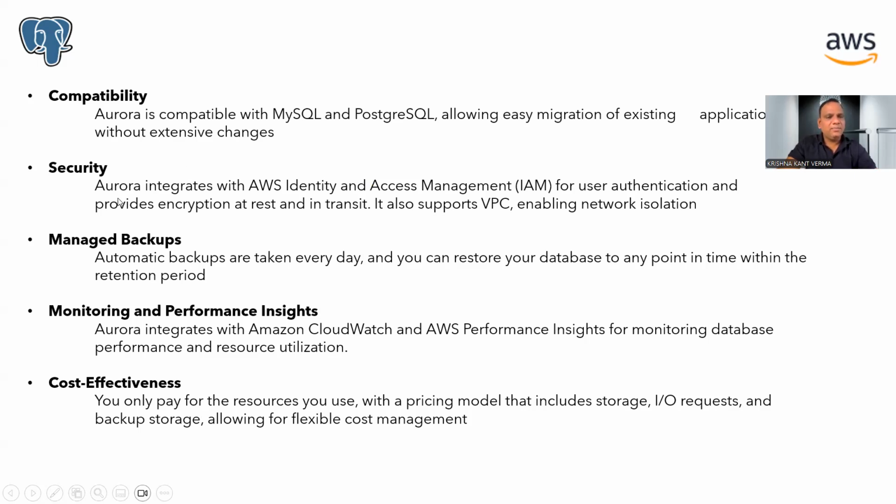Security: AWS Aurora is highly secure. We can connect with the AWS Identity service, IAM, or we can configure the Aurora database in a private VPC, in a private subnet itself. We can set up the database in network isolation.